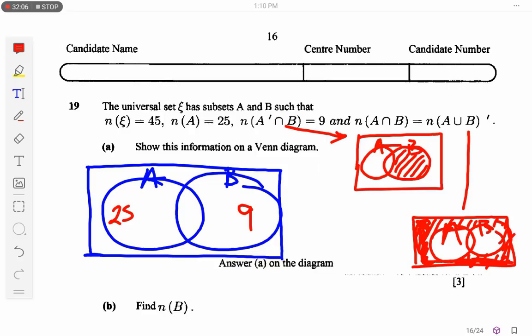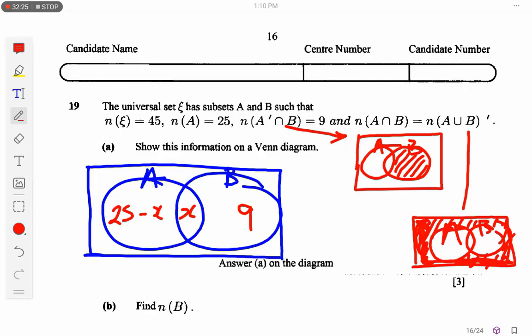When we have that, it means for our intersection, we can let it be X, like that. Then for our A, I can say 25 minus X because there's an intersection there.